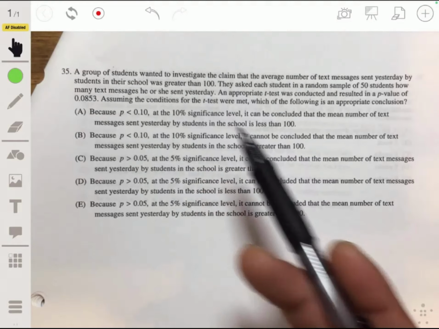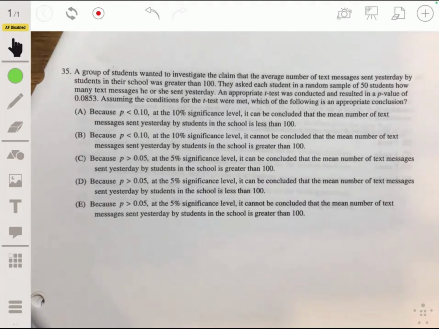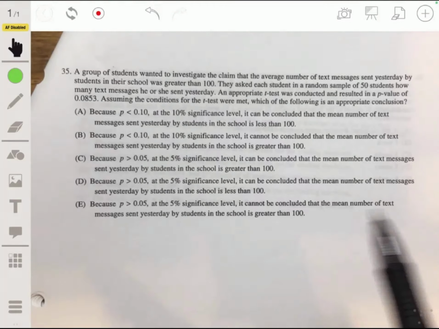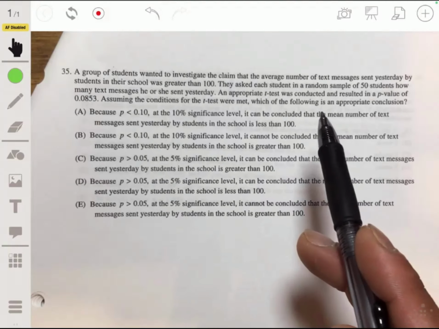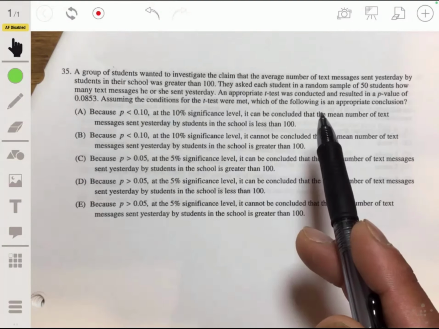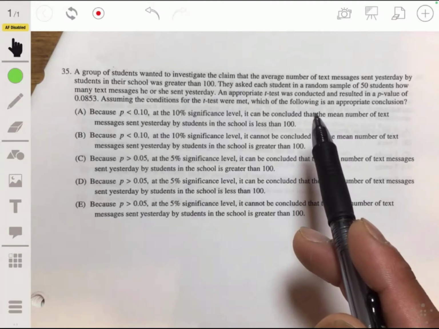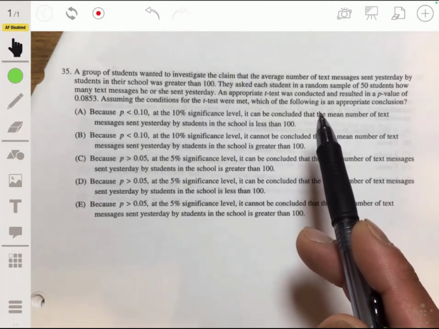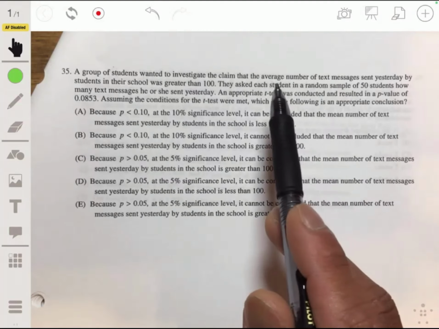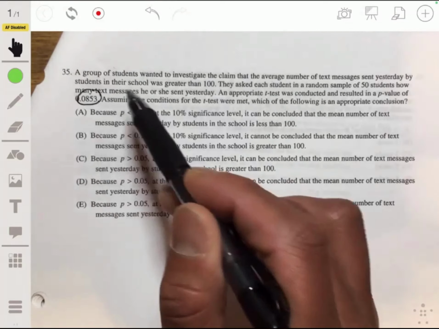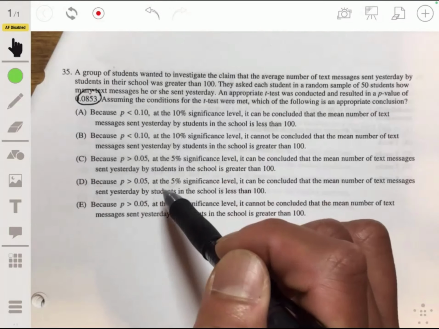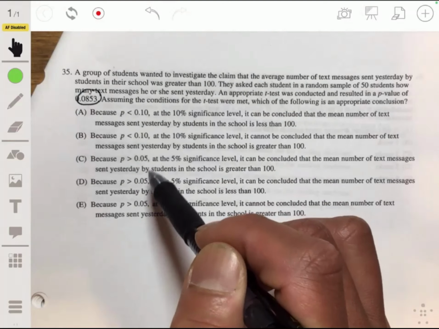Now, when the p-value is less than your alpha level, then you have reasonable evidence to reject the null hypothesis. When the p-value is greater, you don't have strong enough evidence to reject your null hypothesis. So the p-value is lower than 0.1, but it's not lower than 0.05.